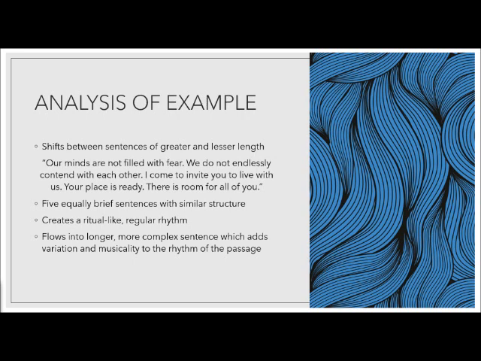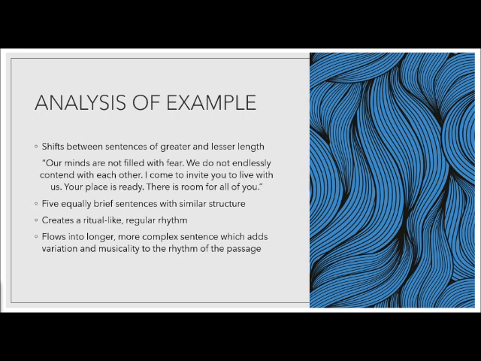This passage shifts between longer, more complex sentences and briefer ones. For example, here there are 5 consecutive sentences of equally short length, 2 of which follow virtually identical sentence structures and thus create a steady beat through repetition.